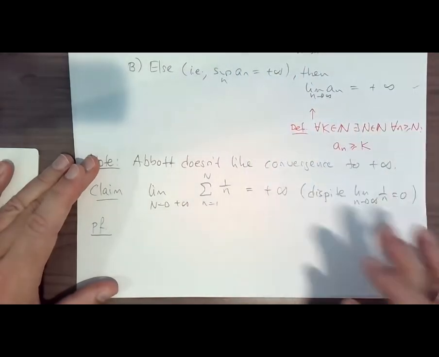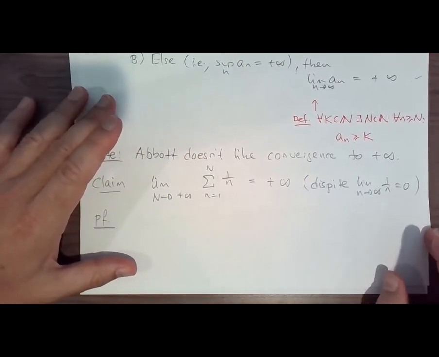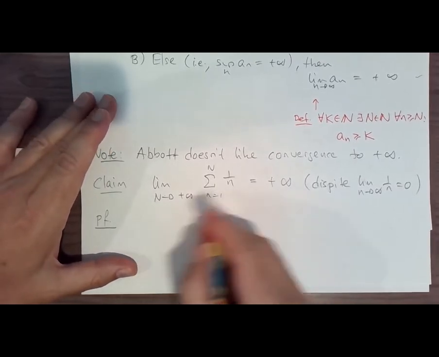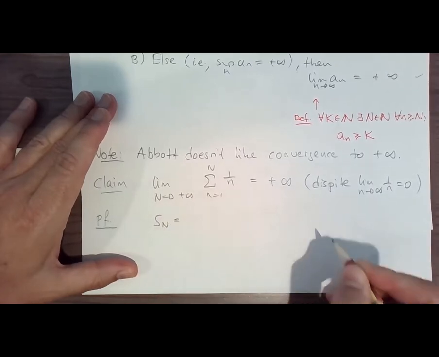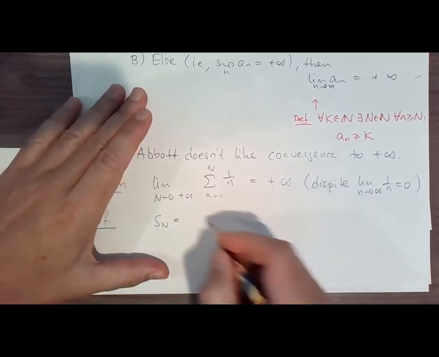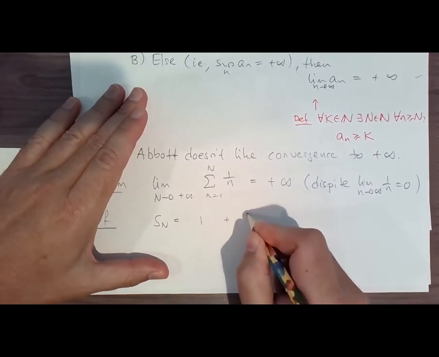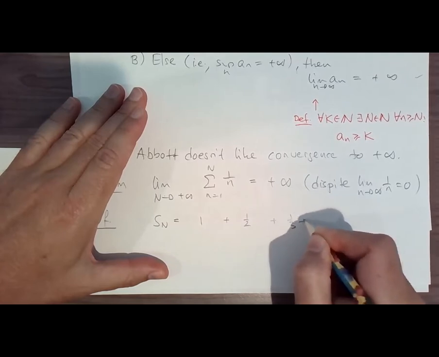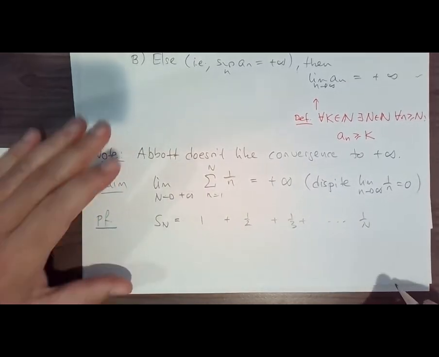We pick one of the 20 proofs in the document we just looked at. So here's one. I'll write Sn, and write out the first terms: 1, and then a half, and then a third, up to 1 over n, and then I exponentiate.